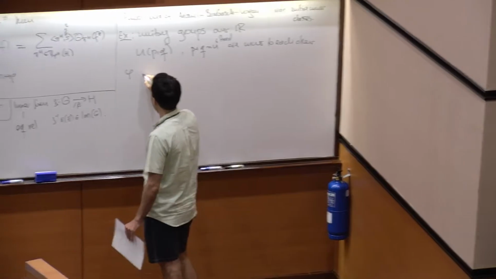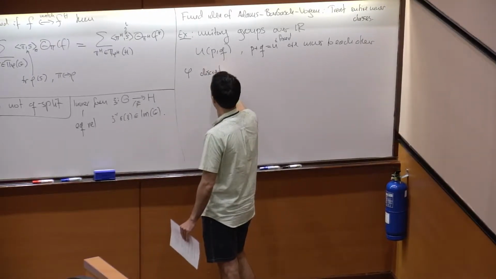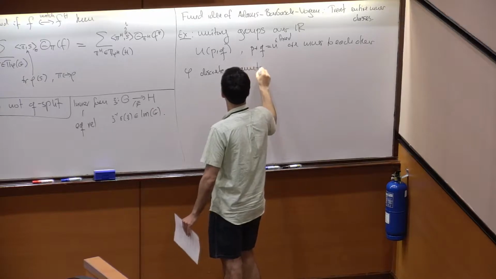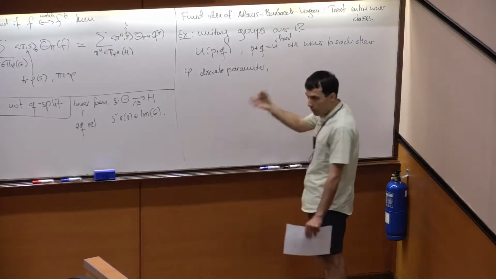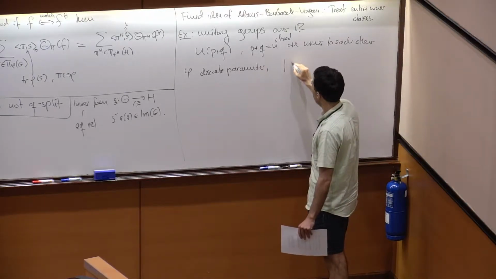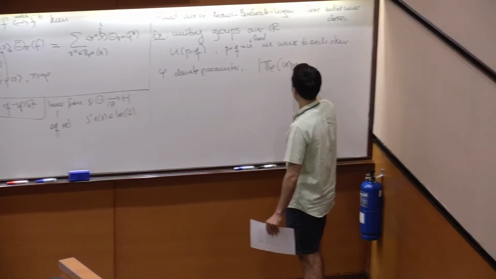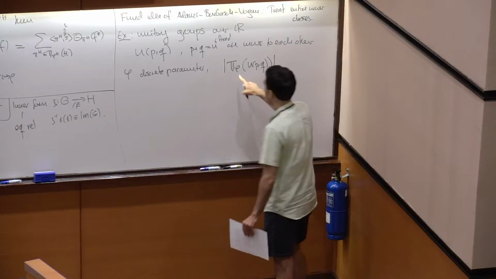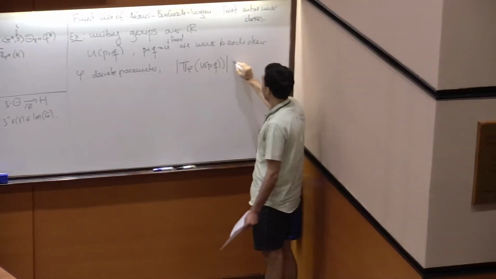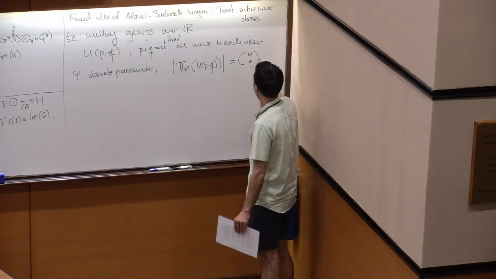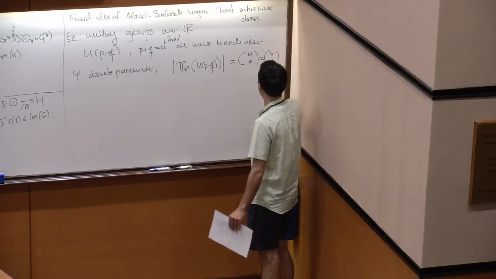Okay, so let's take phi a discrete parameter. Then what you can see is that the size of the L-packet for U(p,q) for any discrete parameter is the binomial coefficient n over p, or n over q.